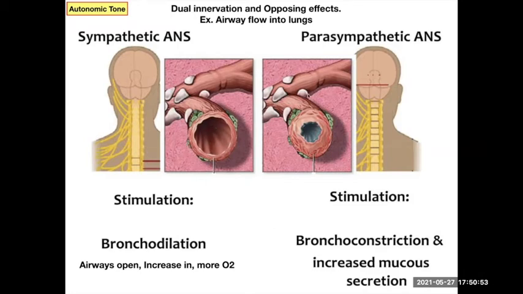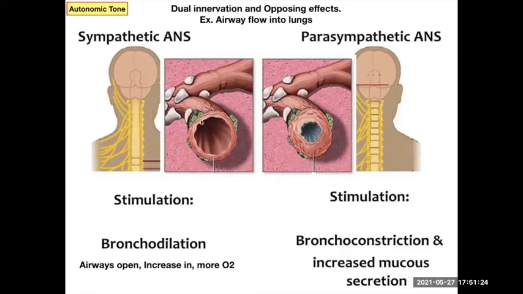Whereas your parasympathetic is actually, when you don't need a lot of air in there, it's energy intensive to do all this. So when your parasympathetic kicks in, you're resting, you don't need to take in all that air. So these can constrict a little bit, and maybe even increase mucus secretion a little bit, which you'll get to, what the function of that is, once you get into your respiratory system in 145.